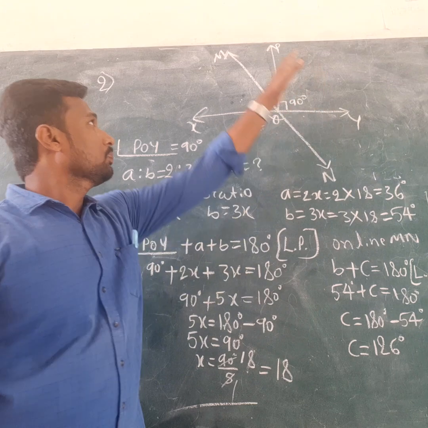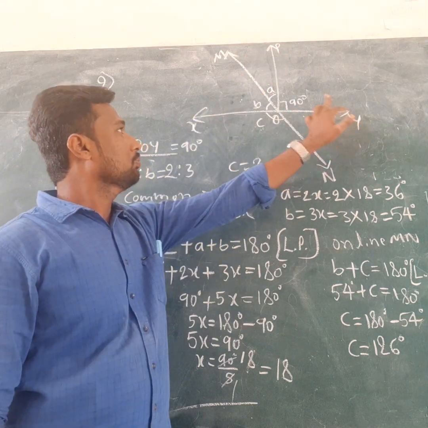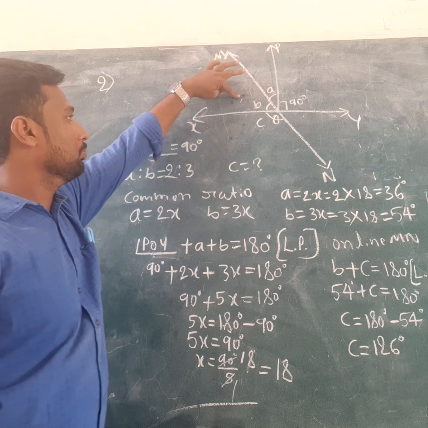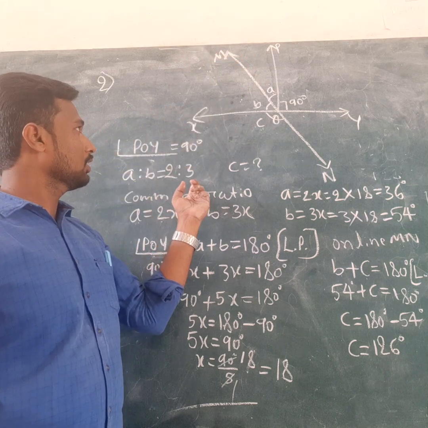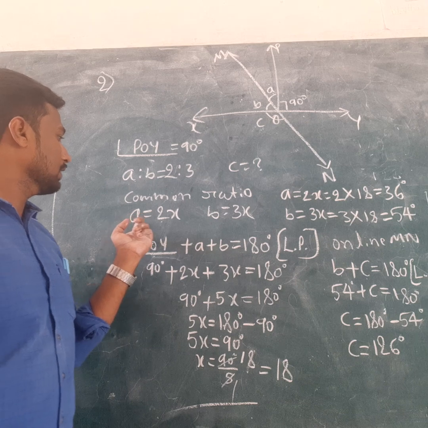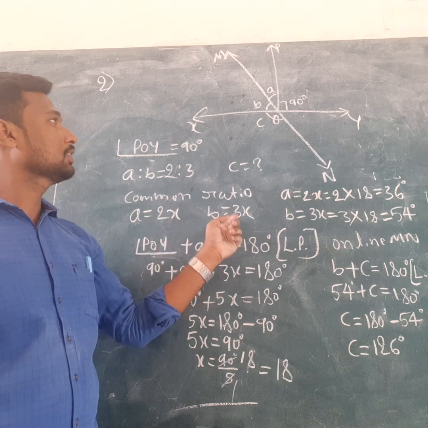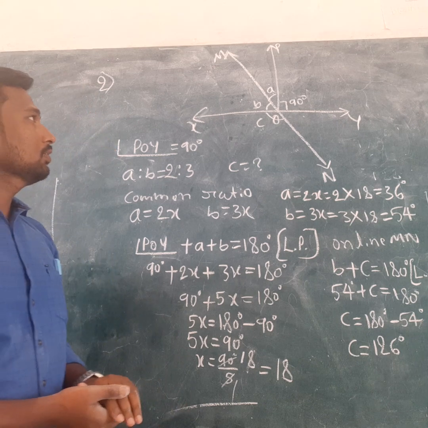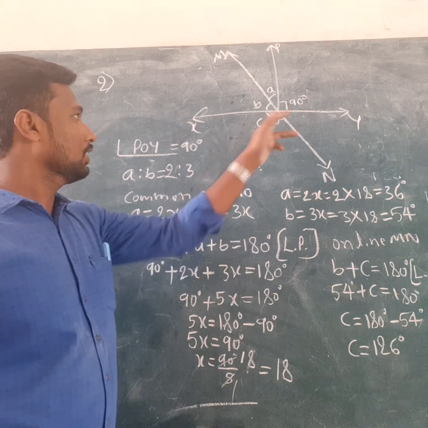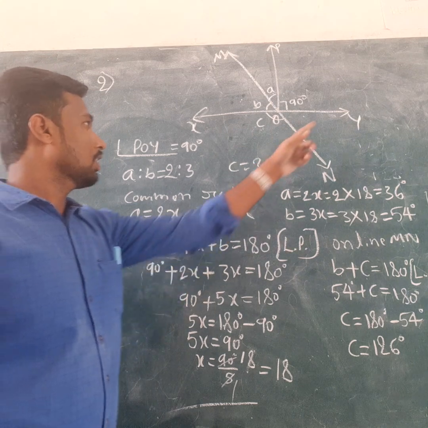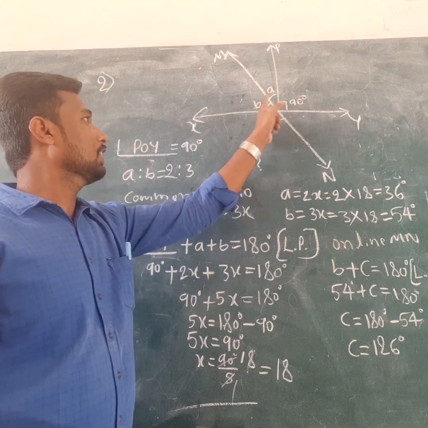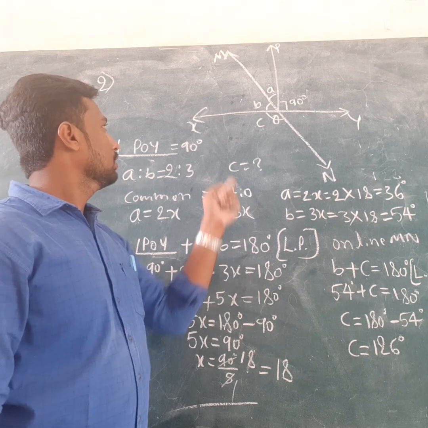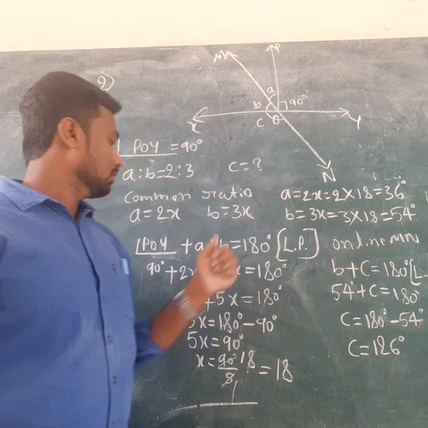They have given angle POY makes 90 degree and angle A, angle B are in the ratio 2:3. So here I have taken A is equal to 2x, B is equal to 3x, and we have to calculate angle C. So now by using the linear pair, what I have written here, angle POY plus angle A plus angle B is equal to 180 degree, because they are on straight line XY.